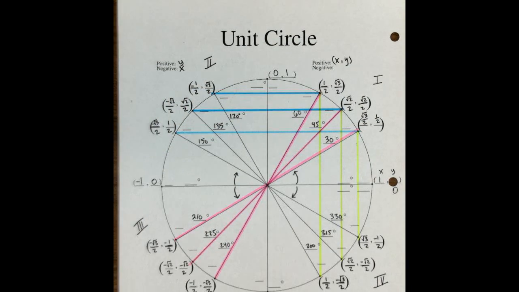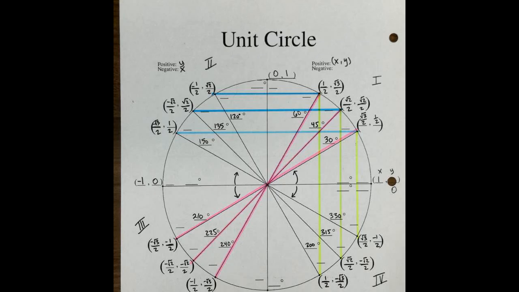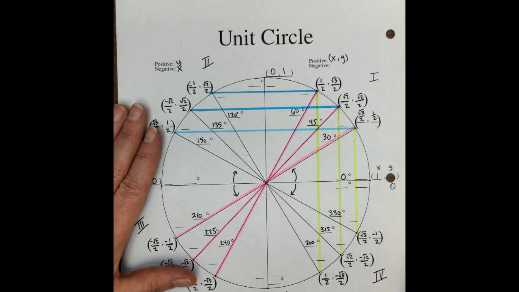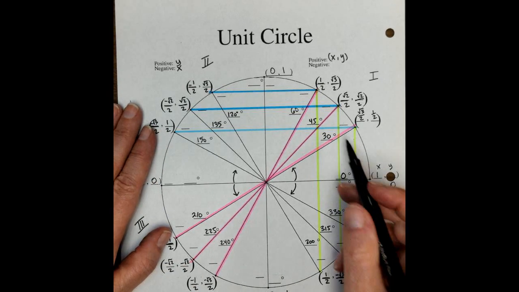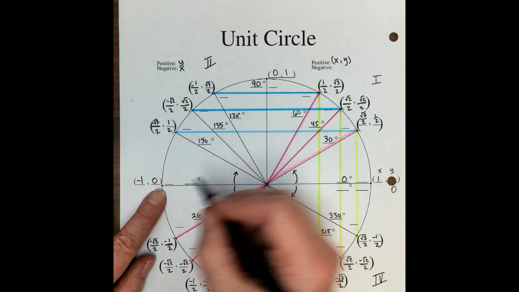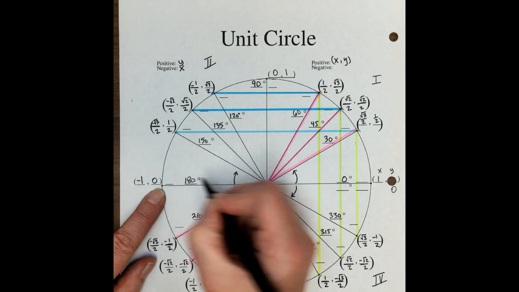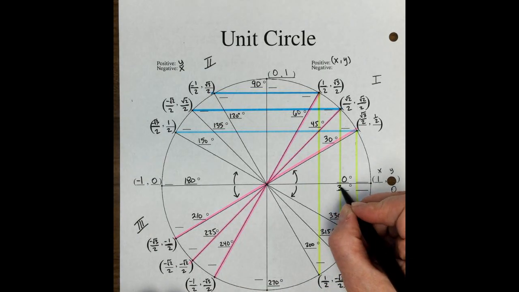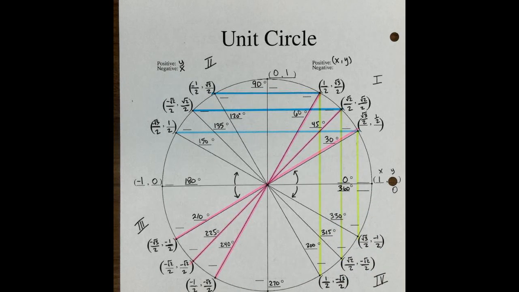Alright, all of those are the same. So now we still have a couple degrees to fill in. So remember, if I'm starting right here, I'm starting at 0 degrees. When I come up, this is 90 degrees. We know that this guy's 180. And then down here is 270 degrees. And all the way around the circle is 360 degrees.